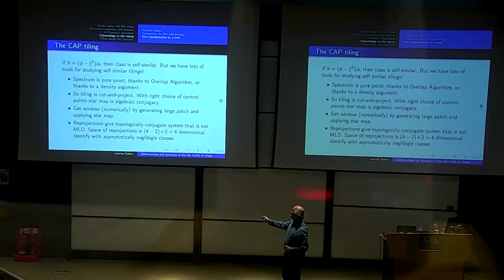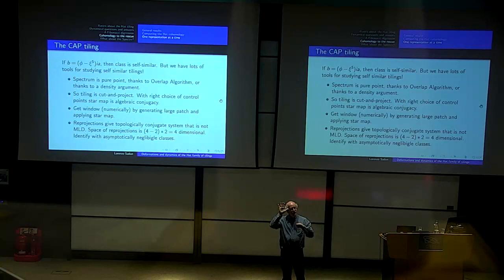And that makes a cut and project tiling, and we choose the right control points and then map it to perpendicular space, just taking an algebraic conjugate, and so we get all these points and we get this really pretty window. And isn't this a wonderful thing? And the reprojections, how many reprojections are there?